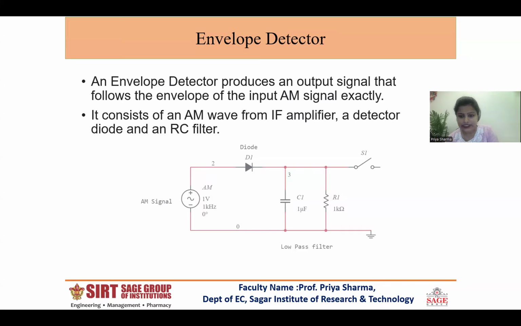The capacitor will discharge through R between the positive peaks. The discharging process continues until the next positive cycle, when the input signal becomes greater than the capacitor voltage. Then the diode conducts again and the process repeats itself.